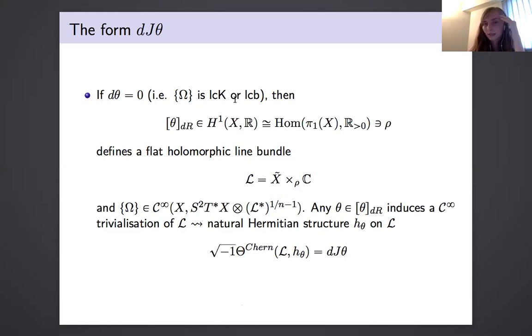And in these two situations, this is an important invariant because although this line bundle is topologically trivial, so it has real first Chern class 0, it will, in general, have first Bott-Chern class non-zero. So this form, although it's d-exact, is in general not dd^c-exact in the case of strict locally conformally Kähler and balanced metrics.